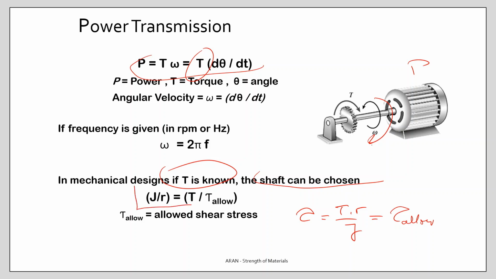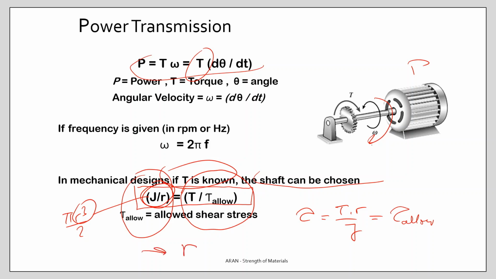Well, you can write this formula in this form, and as you see, here you have J over R. J includes also R, so when you know the ratio of torque divided by the allowed shear stress, you can calculate J over R, and this ratio contains only R values, so you can determine the necessary R value for the shaft.